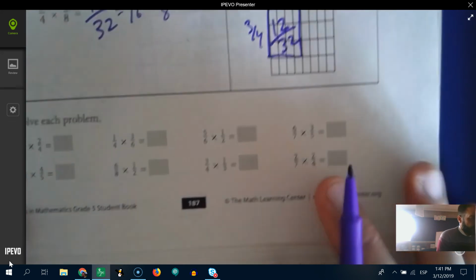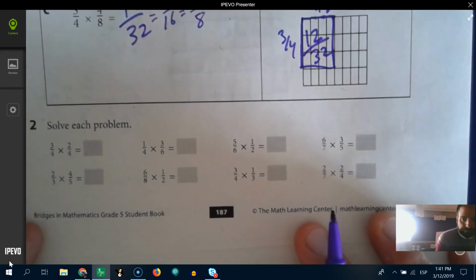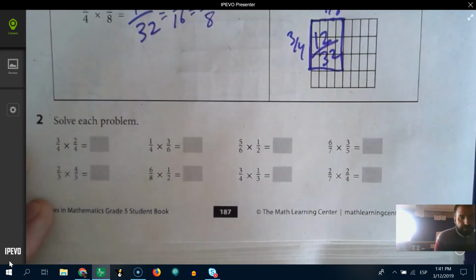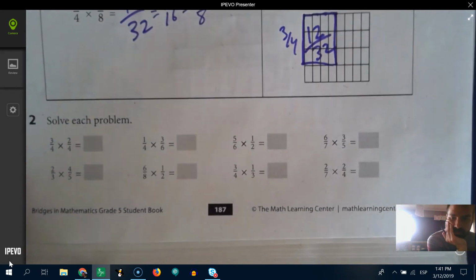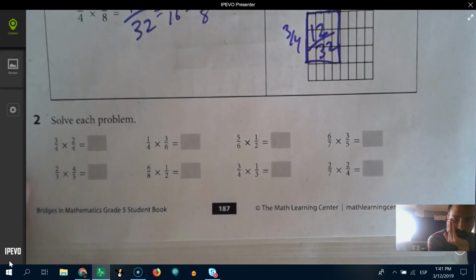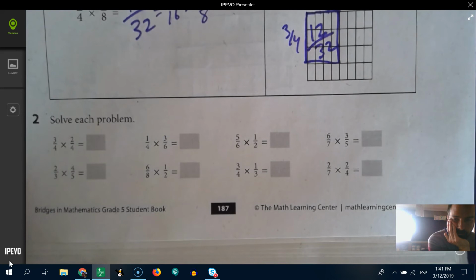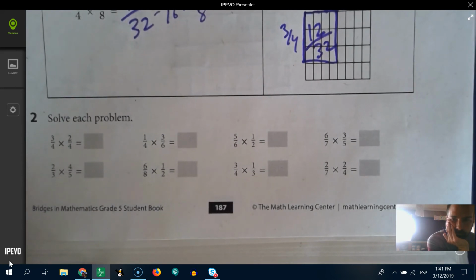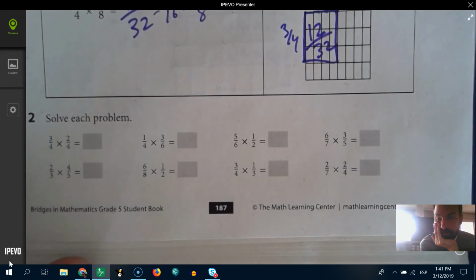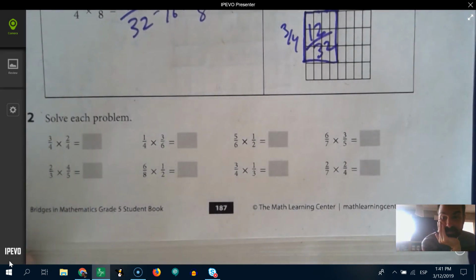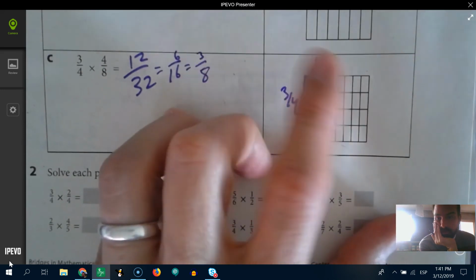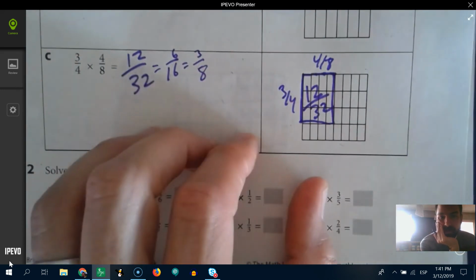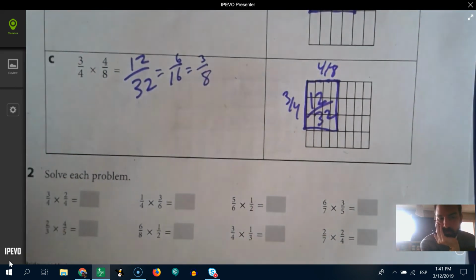Okay. Solve each problem. For this one, since it doesn't have any room here, it's okay if you use the algorithm. On assessments where they give you these grids, or ask you to show your work, this is not what we do.